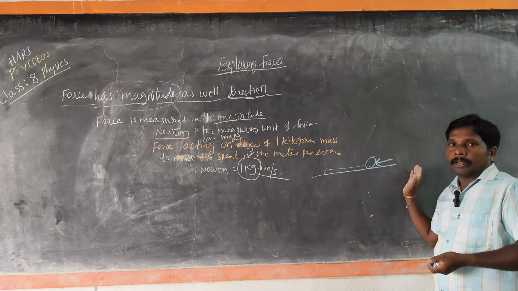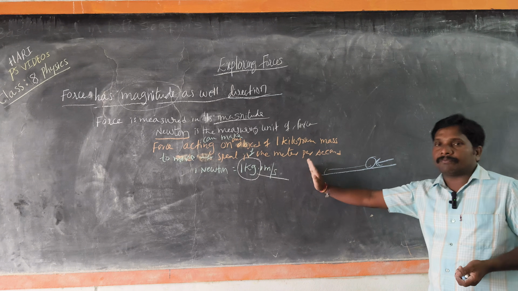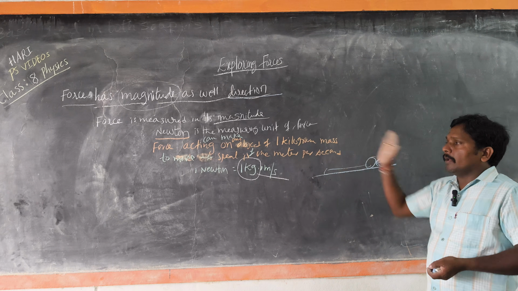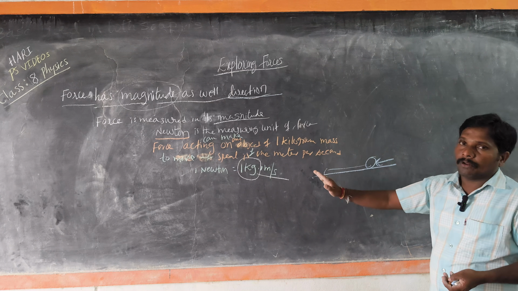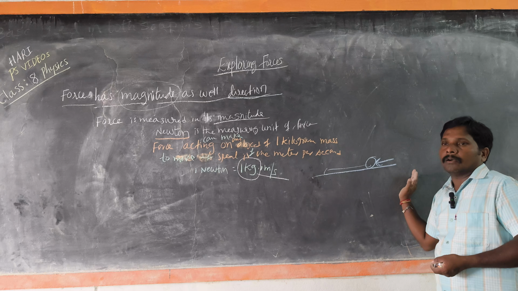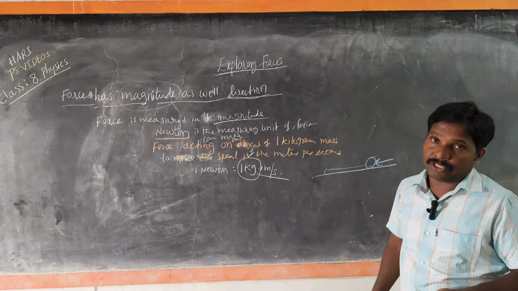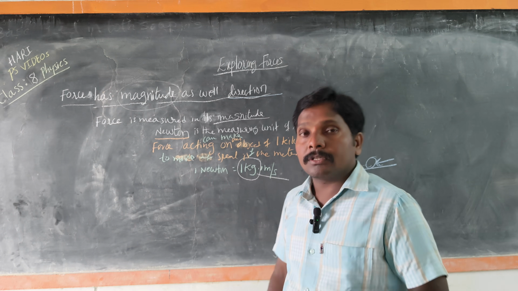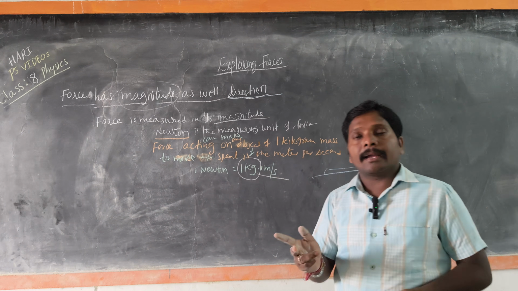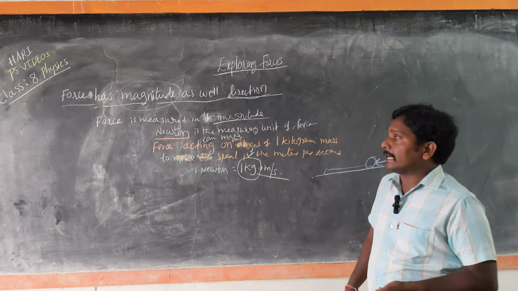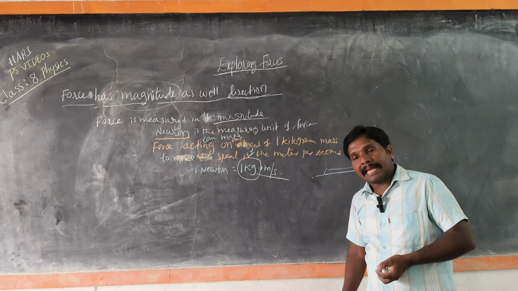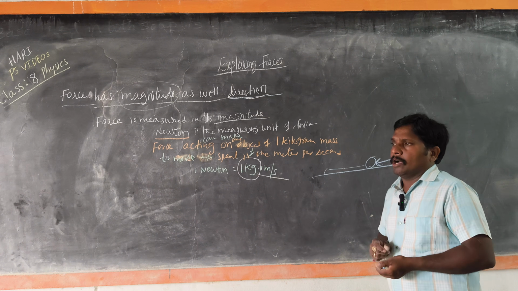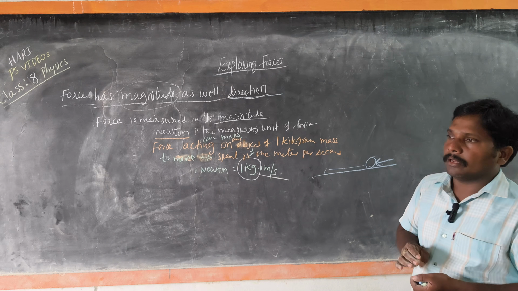If the force is applied from right to left, or from left to right, right to left and left to right denote direction. So force has both magnitude as well as direction.